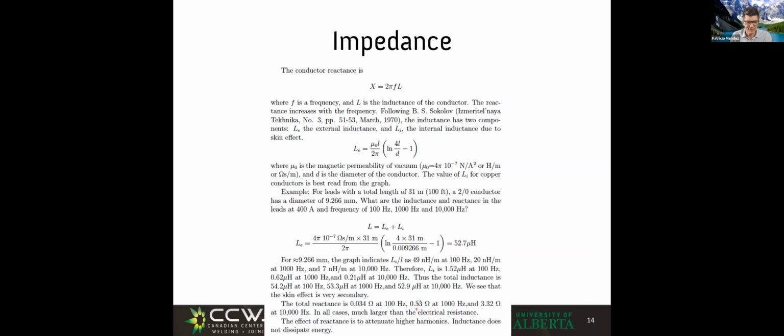If you have AC, as you increase the frequency, at 100 hertz it is 0.034, then we go higher to 0.33, 3.32, as we increase the frequency. What this means is that if we have high frequencies, we're going to have a very hard time passing them through our cables.